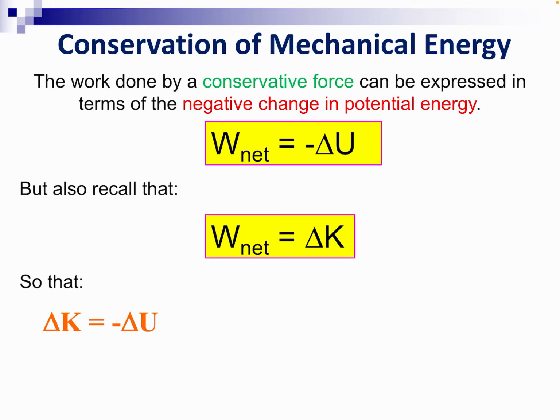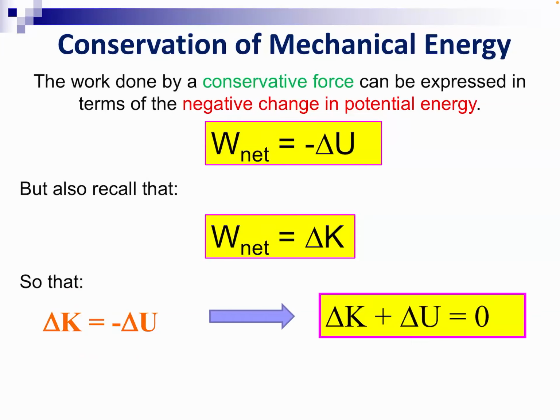Which again, if you look at the bow and arrow demonstration, as the potential energy of the elastic band decreases, the arrow moves and has this kinetic energy, right? So the potential energy in that case was converted to kinetic energy.